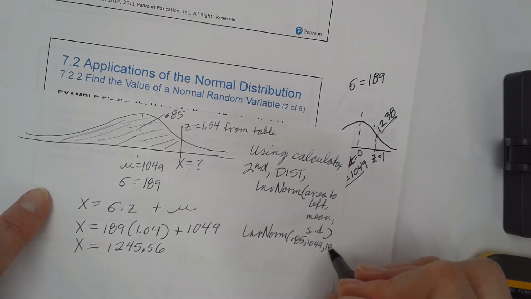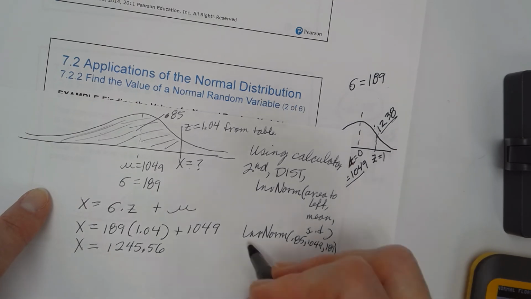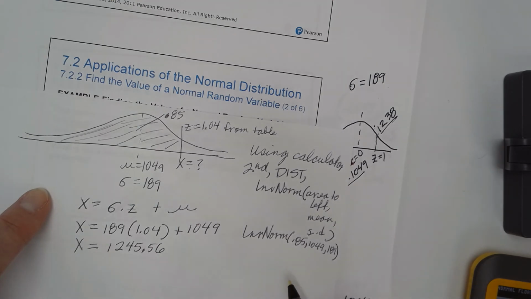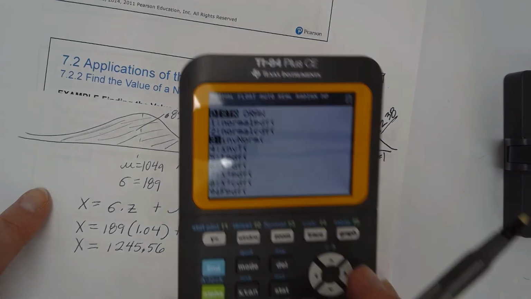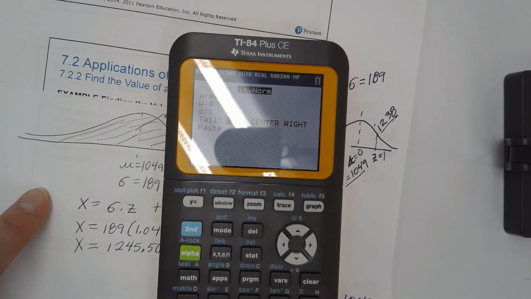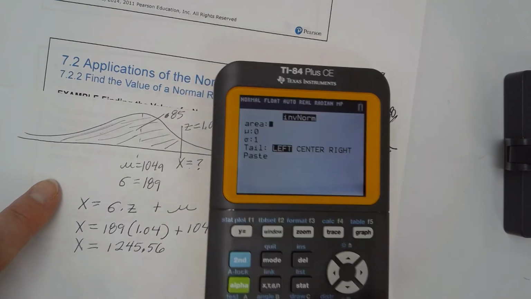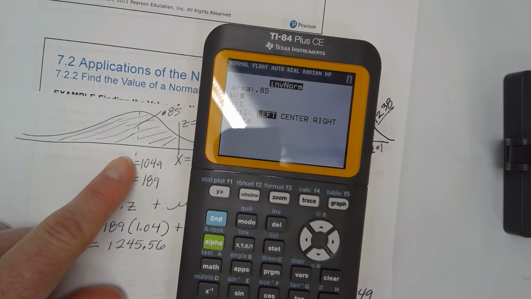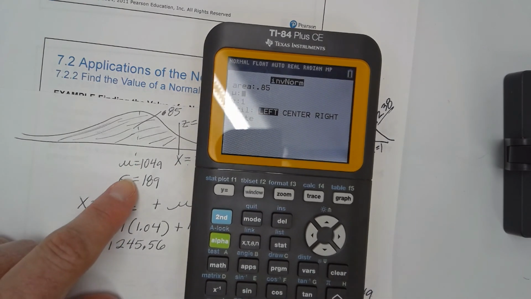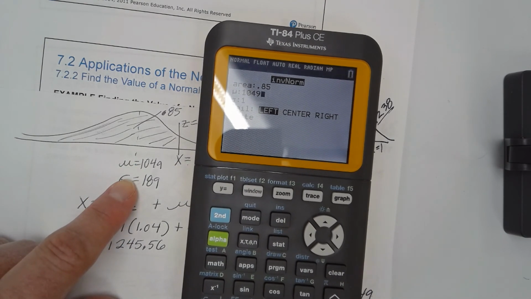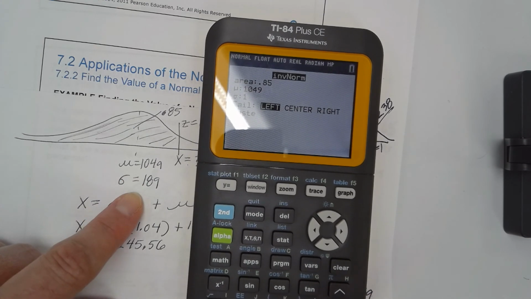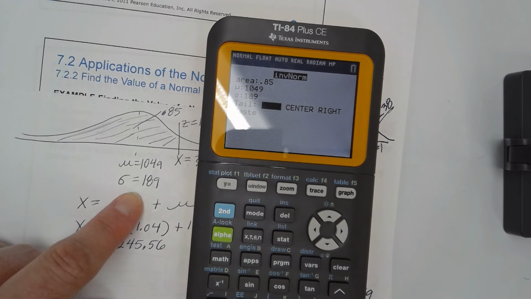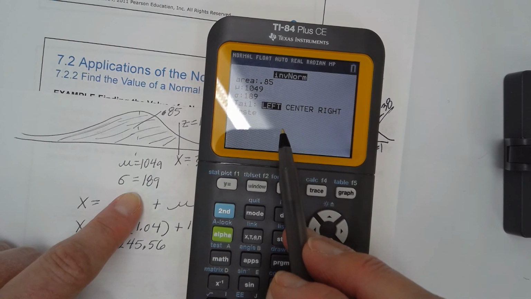And are we looking for the right, the left? Okay, so if you do inverse norm, the area is to the left, right? So 0.85. The mean is 1,049. The standard deviation is 189. The tail is on the left, okay?